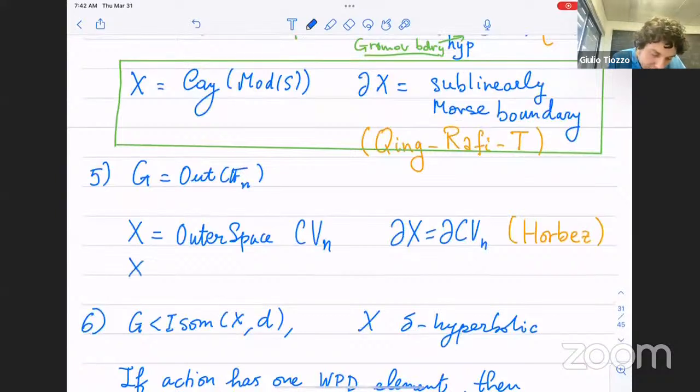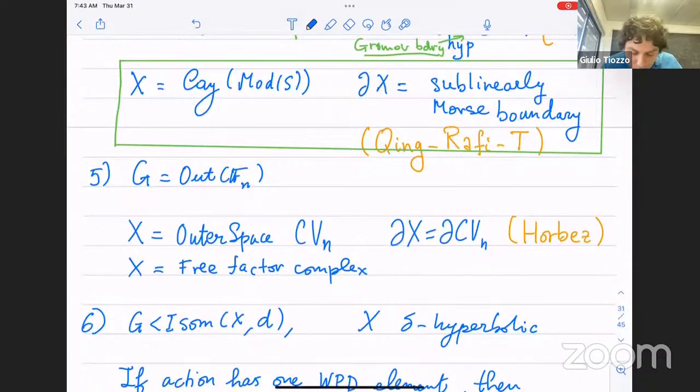Again this is a hyperbolic situation, but not proper. And in this case, you would be again looking at the hyperbolic boundary of the free factor complex of F_N.